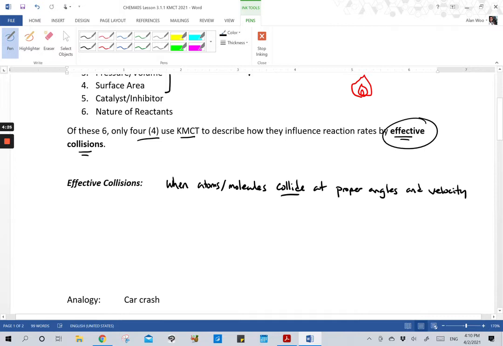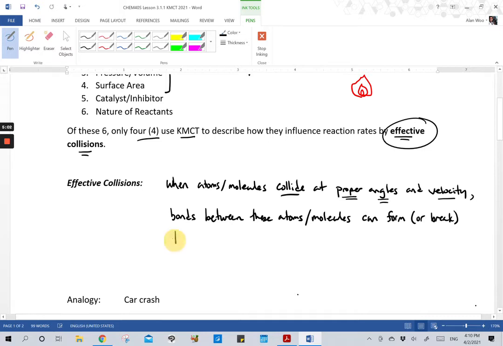So when atoms or molecules collide at proper angles and velocity, bonds between these atoms or molecules can either form or break to produce products. Okay, that's the ultimate goal.